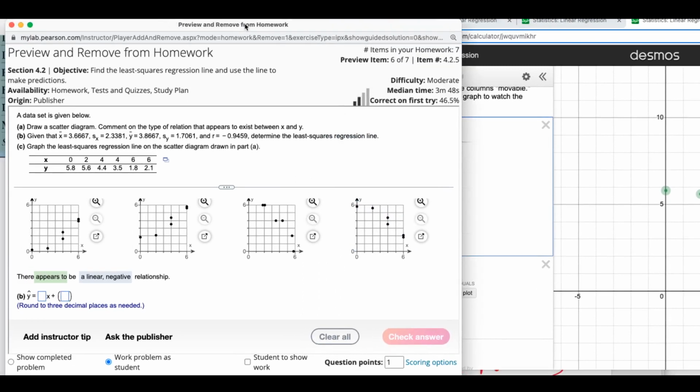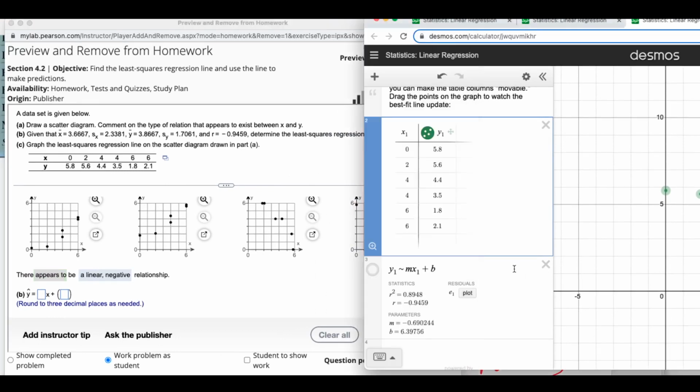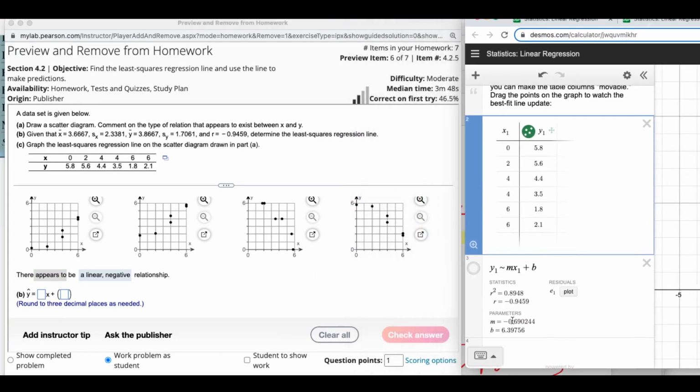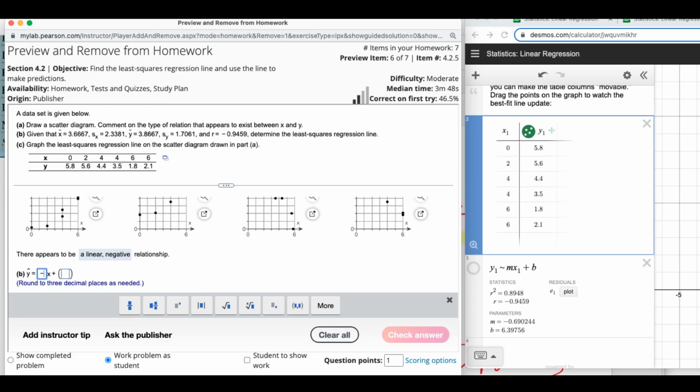Oh, I'm sorry, you're kind of cut off on your screen. Okay, so here y hat equals mx plus b. Find the slope. Well, we know the slope right here is negative 0.06902. So let me type that. Okay.